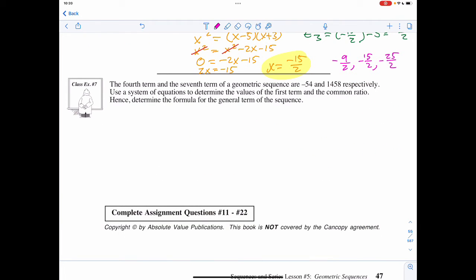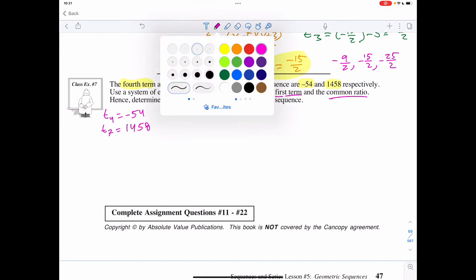Last example, the 4th term and 7th term of a geometric sequence are negative 54 and 1,458. It wants us to determine the first term and the common ratio. Well, we already know how to do a common ratio.